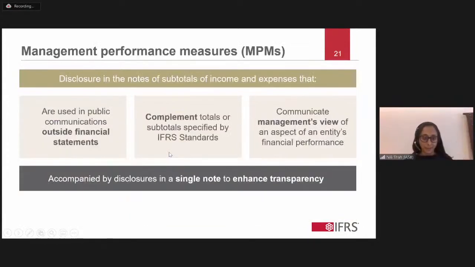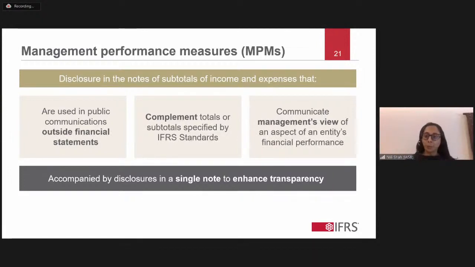And if we can go on to the next slide. Now, I've promised you I would explain what is a management performance measure. So it is similar to a non-GAAP measure, but you can see the definition on the slide here. First is that management performance measures need to be used in public communications outside the financial statements. So this could be press releases, it could be investor presentations, management commentary, anything outside the financial statements.